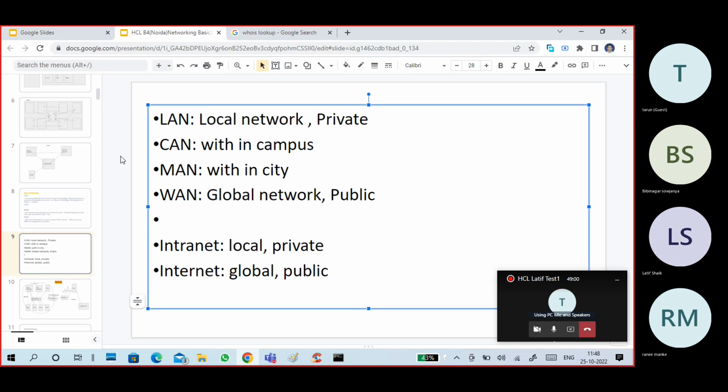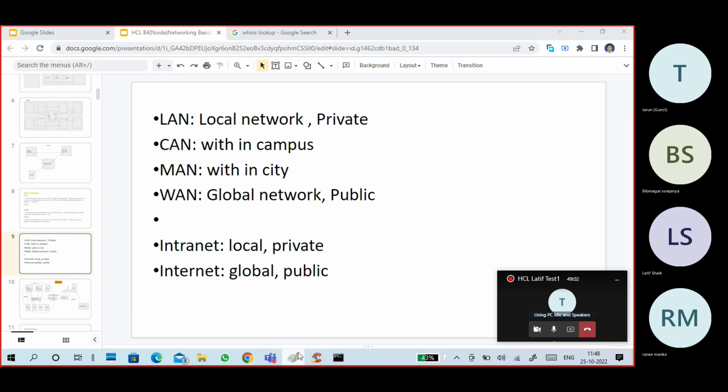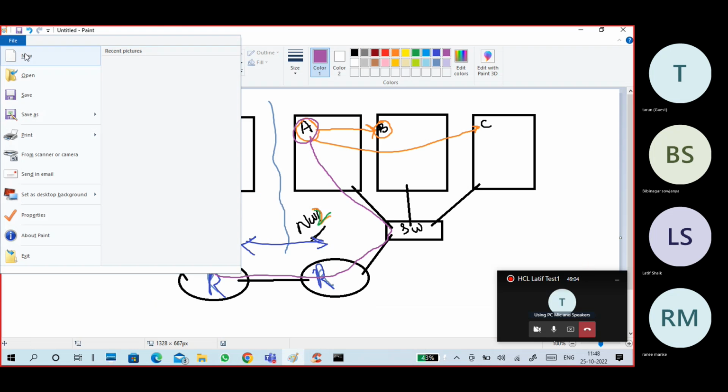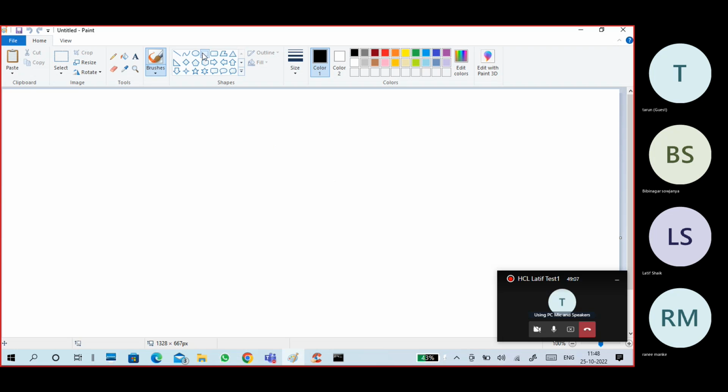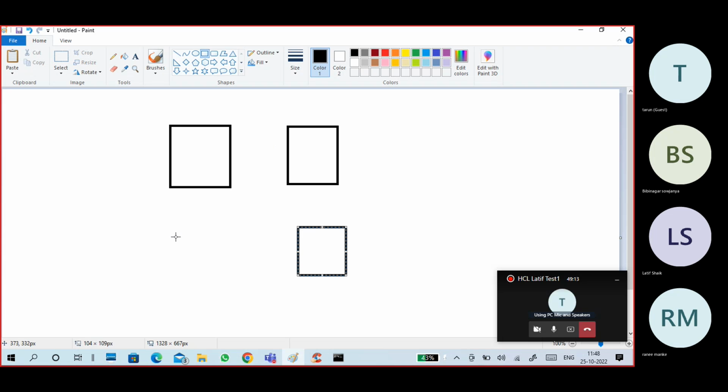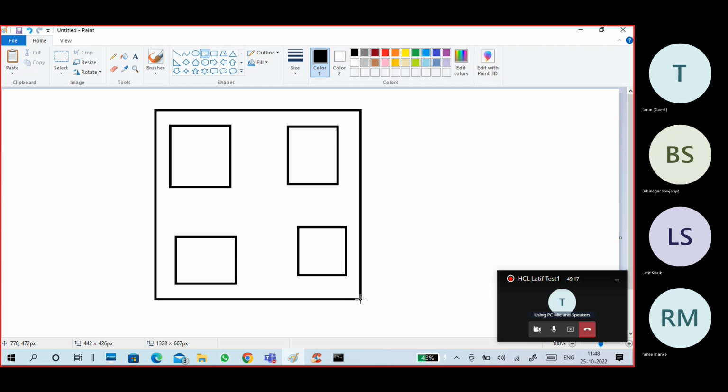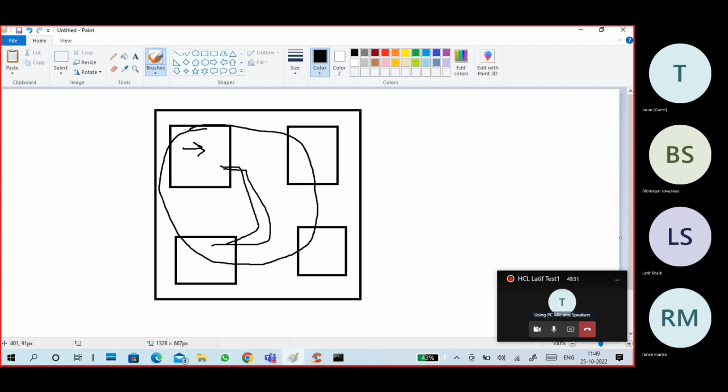What is local, guys? Just for understanding, for example, you have a home with multiple bedrooms, a four bedroom flat. You go from one room to another, and that is completely private.